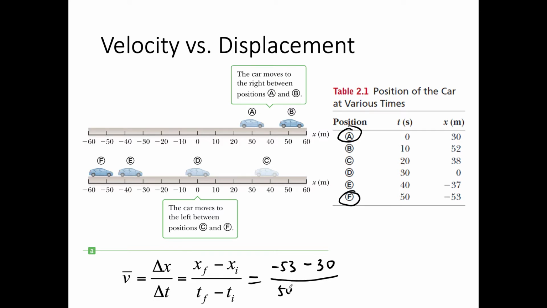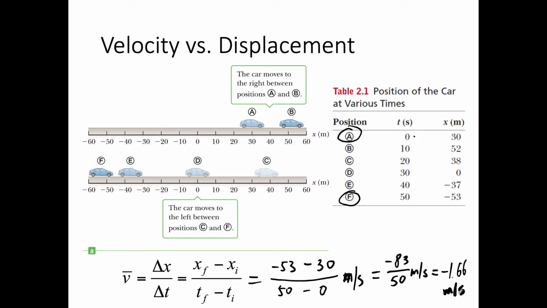The time it takes is 50 seconds subtract 0, since we count from A. The time is 0 seconds to 50 seconds, and the unit should be meters per second. So it is negative 83 divided by 50 meters per second. So the number should be negative 1.66 meters per second. And this is how we calculate velocity.